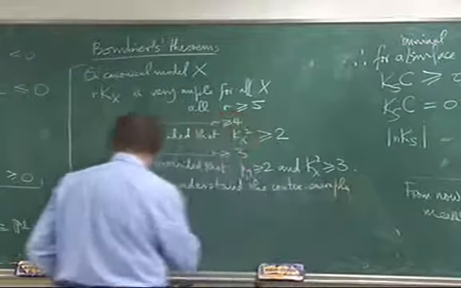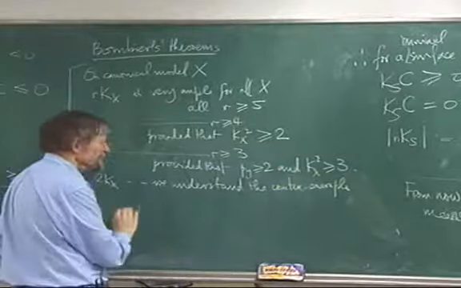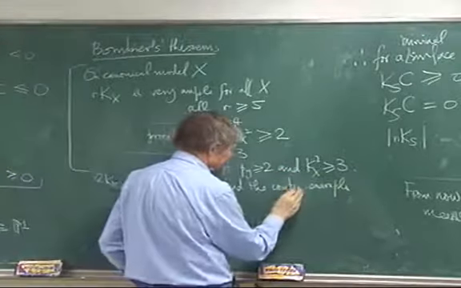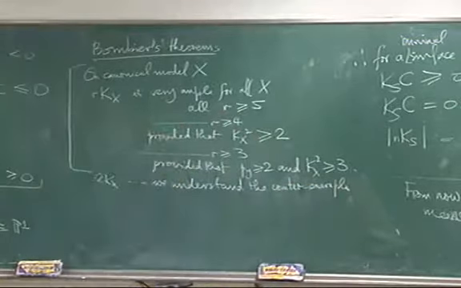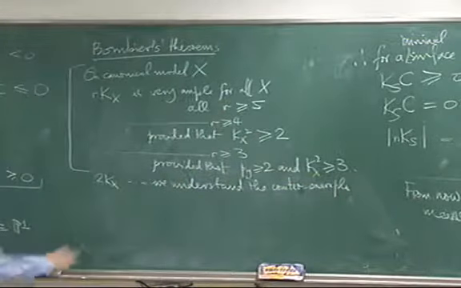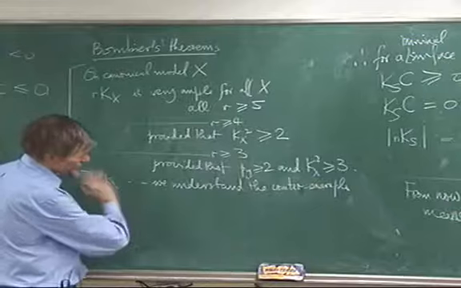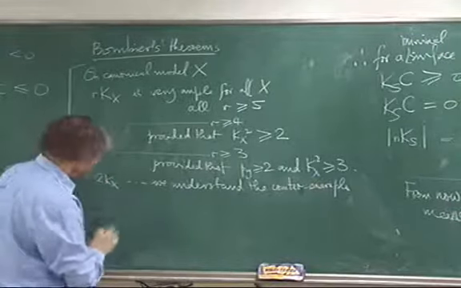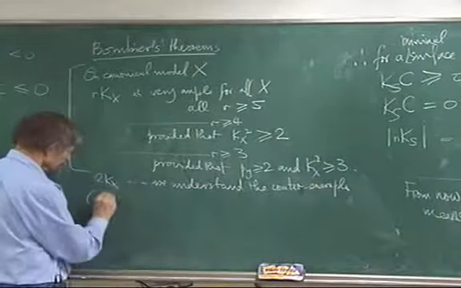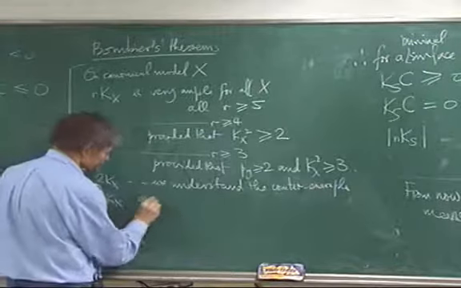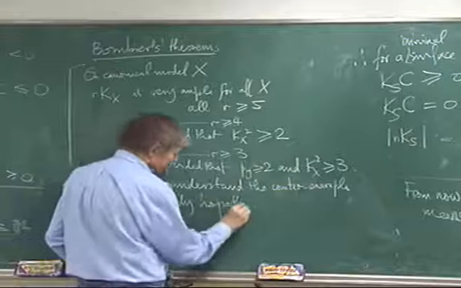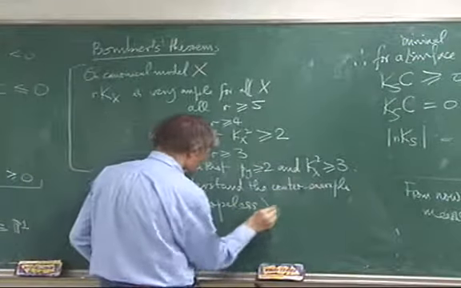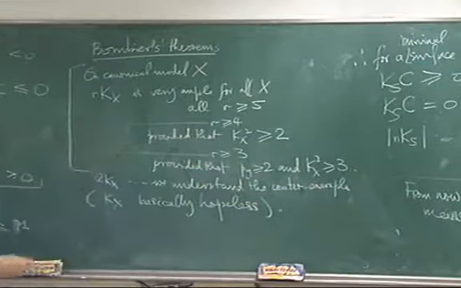Right, so 2KX is not very well behaved. 2KX can have quite funny properties, but basically we understand what goes wrong there. Right, KX is basically hopeless. So nobody expects to get good results about KX.